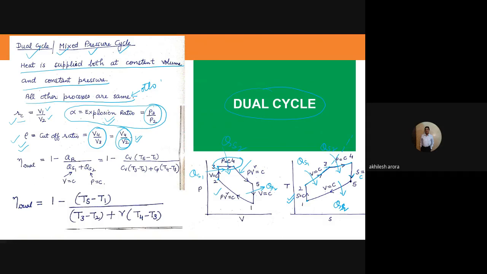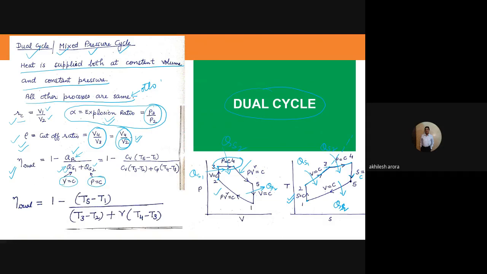Once again, we can write the expression for the efficiency of the dual cycle, which is given by 1 minus QR, where QR is the heat rejected, divided by the heat supplied. Because heat is supplied in two processes, we write QS1 plus QS2. QS1 is the heat supplied at constant volume, whereas QS2 is the heat supplied at constant pressure.